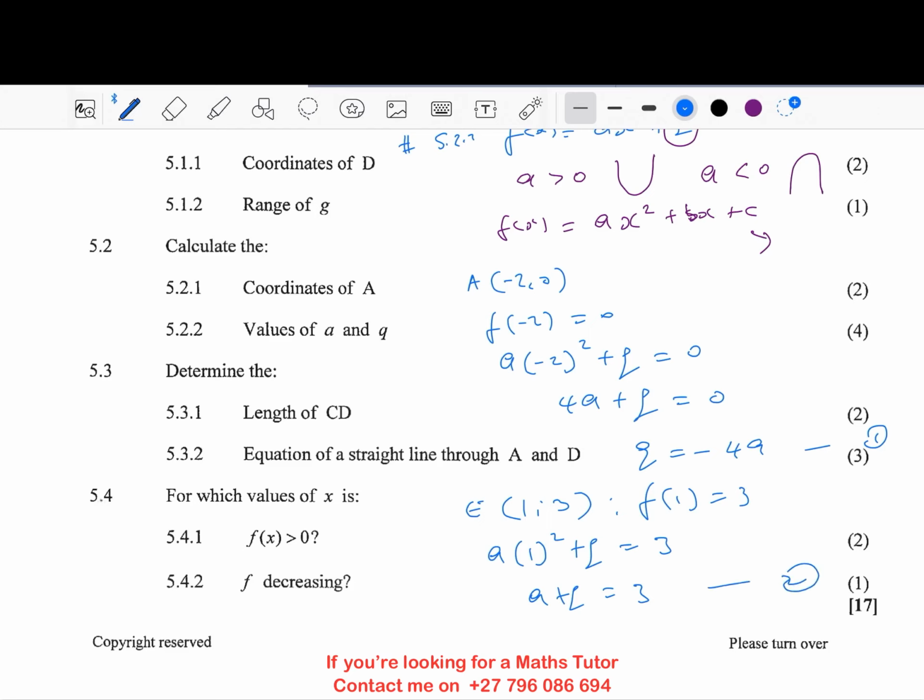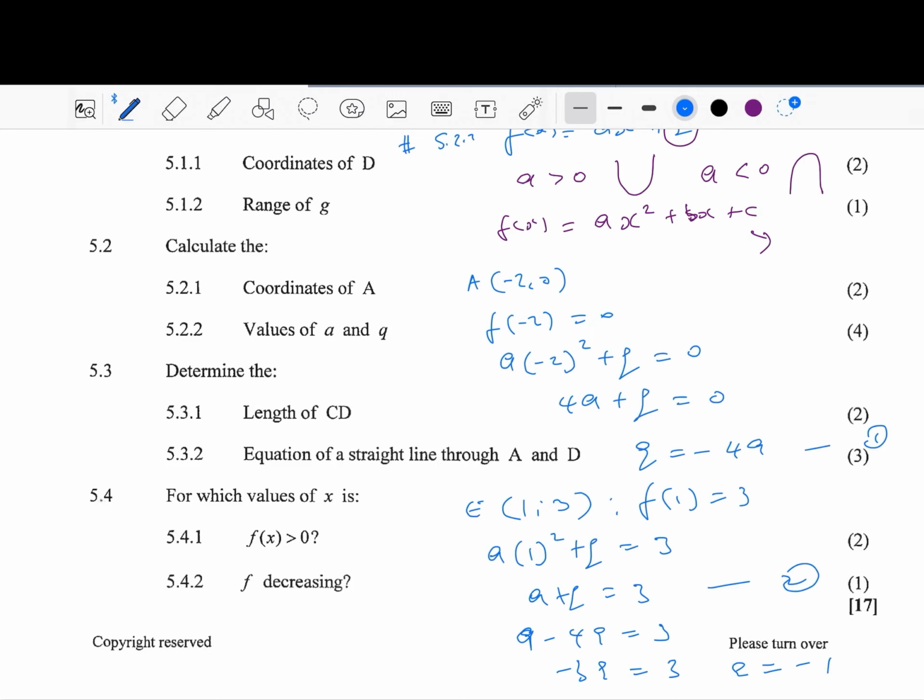Now substitute the first equation into the second and solve for a. So a minus 4a is equal to 3. A minus 4a is negative 3a, which is equal to 3. Therefore a is equal to negative 1.